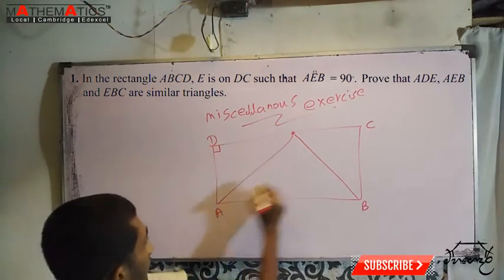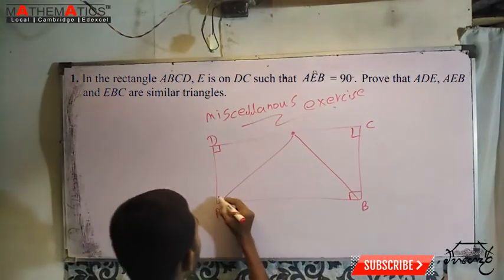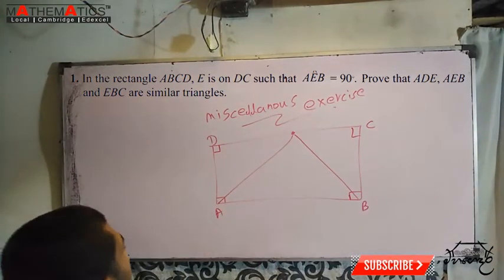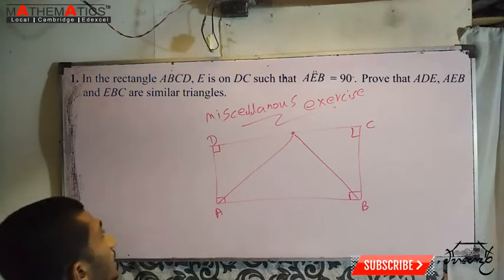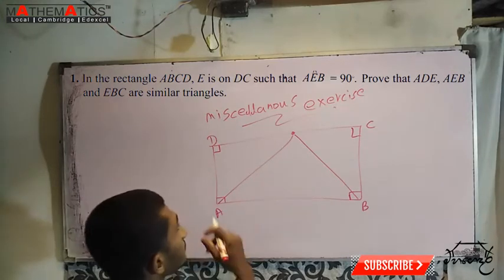What is the reason for this right angle? It is a rectangle, as given in the data. And again, this angle is also a right angle.